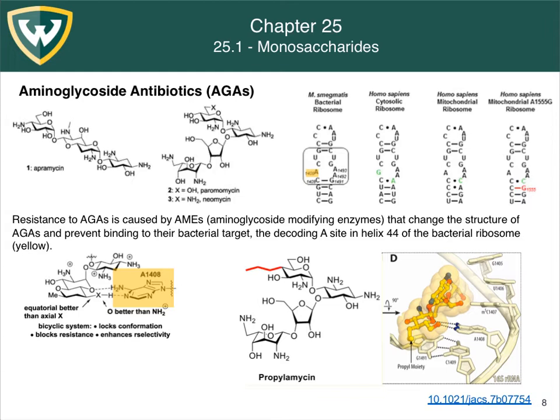This modification should circumvent several common mechanisms of aminoglycoside antibiotic resistance. And it also is responsible for the increased ribosomal selectivity and the resulting reduction in ototoxicity.